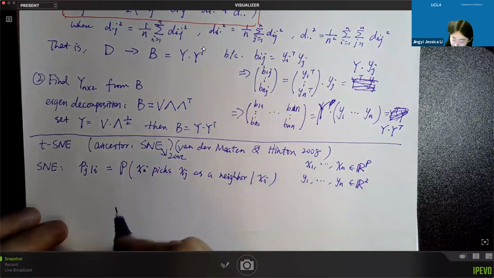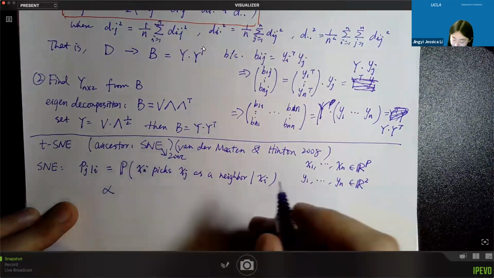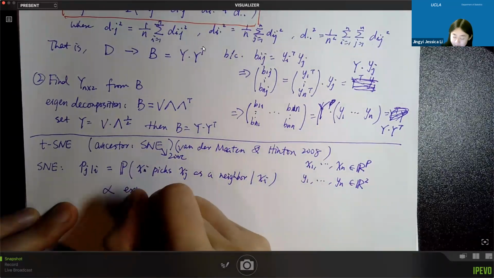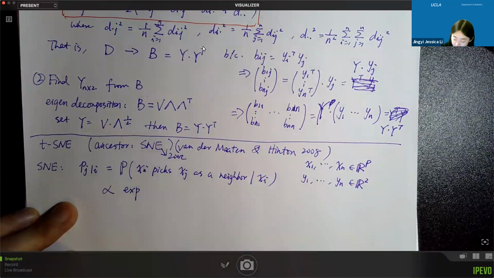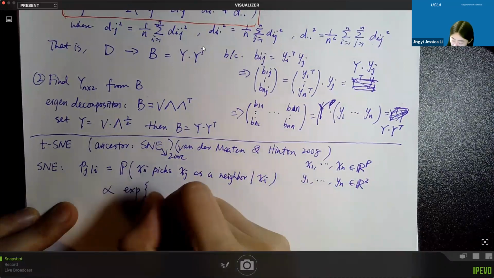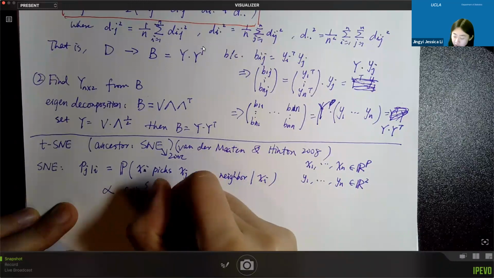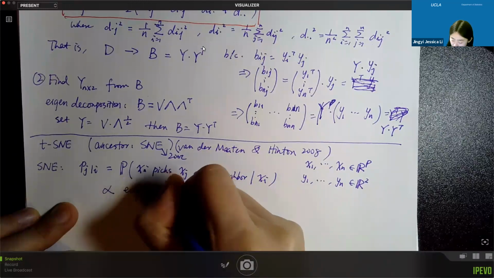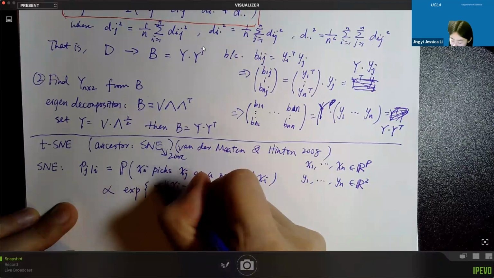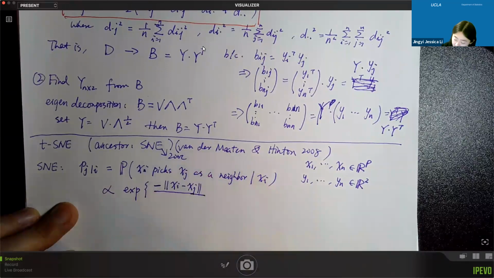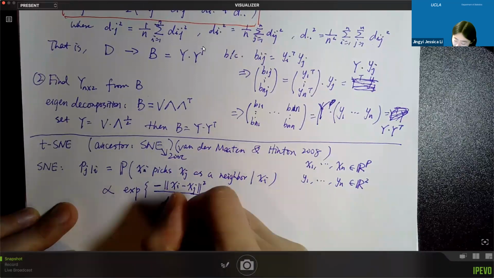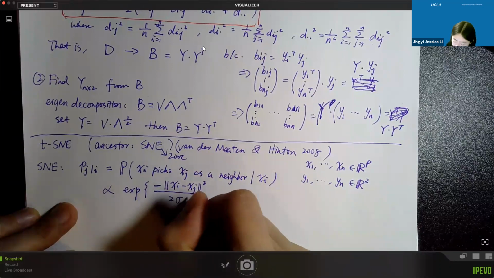So we hope this is proportional to the density function of a normal or Gaussian distribution of negative the Euclidean distance between xi and xj in the high dimensional space squared, divided by 2 times sigma i squared.